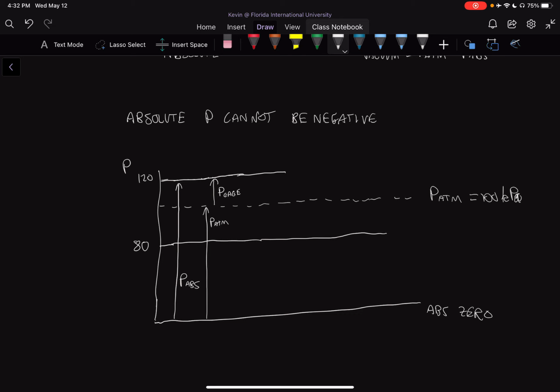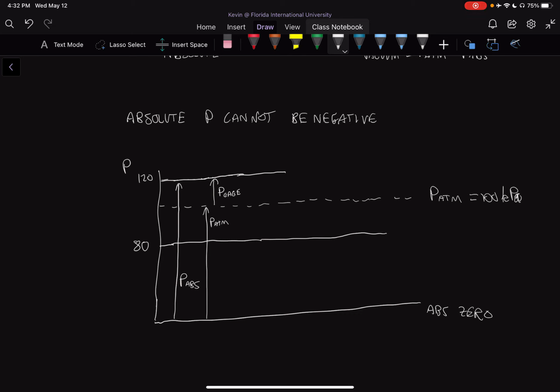Now, if you start running, you start feeling some wind. So you do start feeling some pressure. How do you measure that pressure? You measure that pressure relative to atmospheric. So since you have atmospheric pressure always there with you, you're going to measure it relative to the atmosphere. And that's what we call pressure gauge. In the same way, if the pressure is lower than atmospheric, which can happen in some cases, you're going to have the opposite of pressure. You're going to have a vacuum effect.